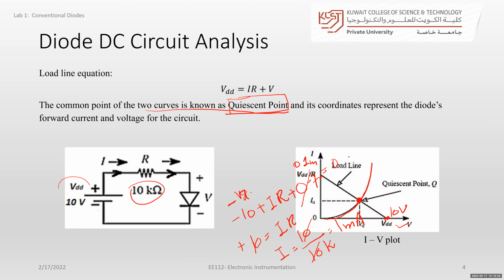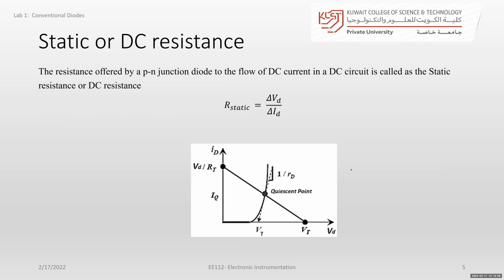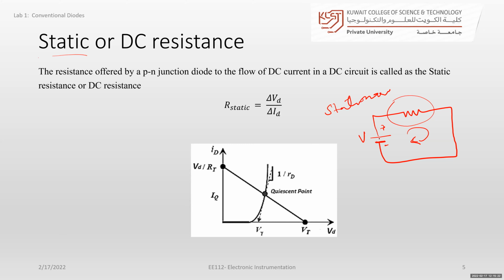And this line is known as the load line. It's written here also. Then static resistance. What is static resistance? If I give a DC voltage to a resistor, that resistance is known as static because it's stationary, because the DC voltage is stationary.